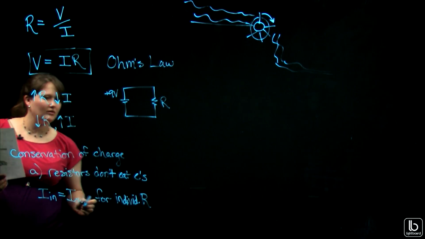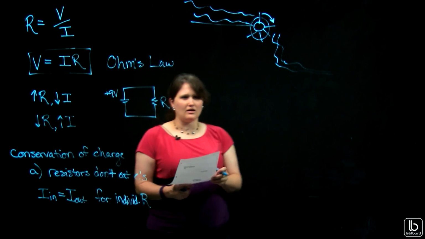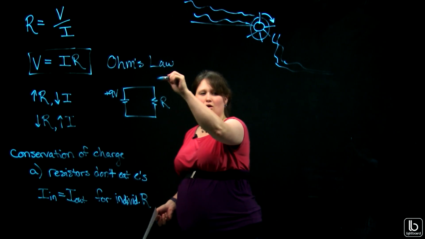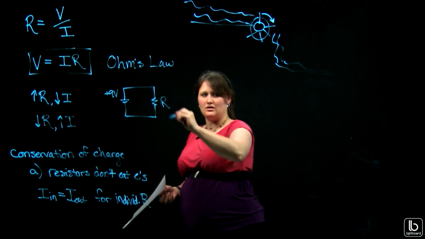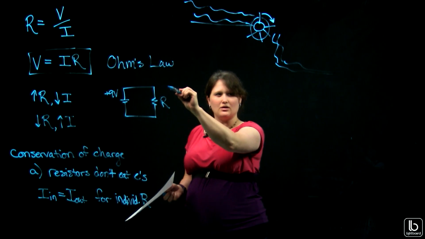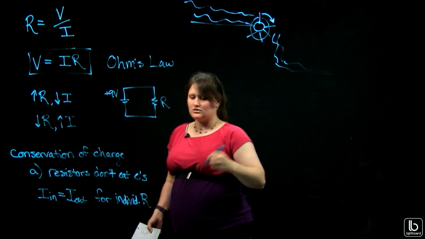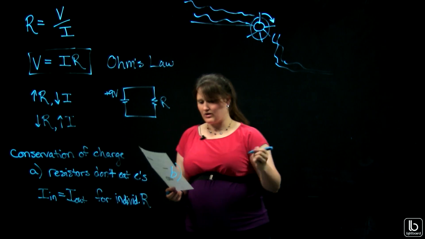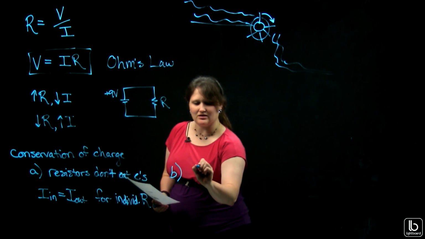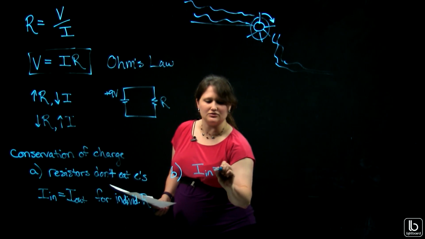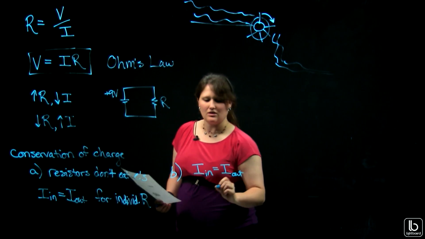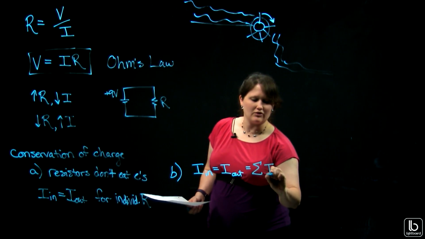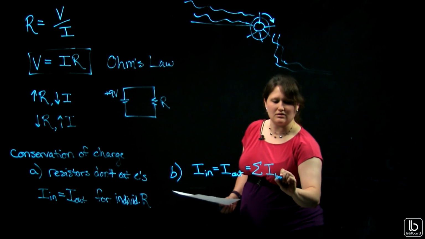So another way we can talk about conservation of charge is if we have one resistor in one branch and then we split. So in other words, I might have a case where I say that my current in equals my current out, and that's going to equal the sum of current in all the branches.